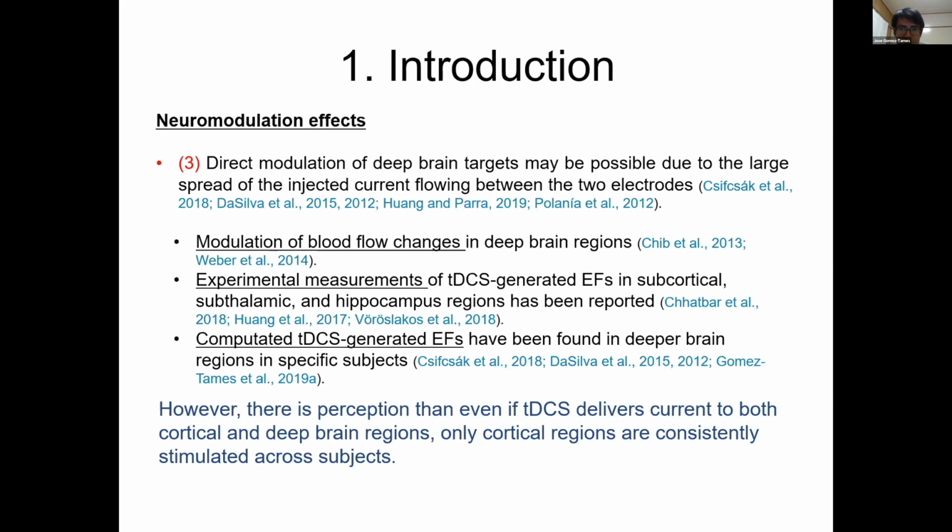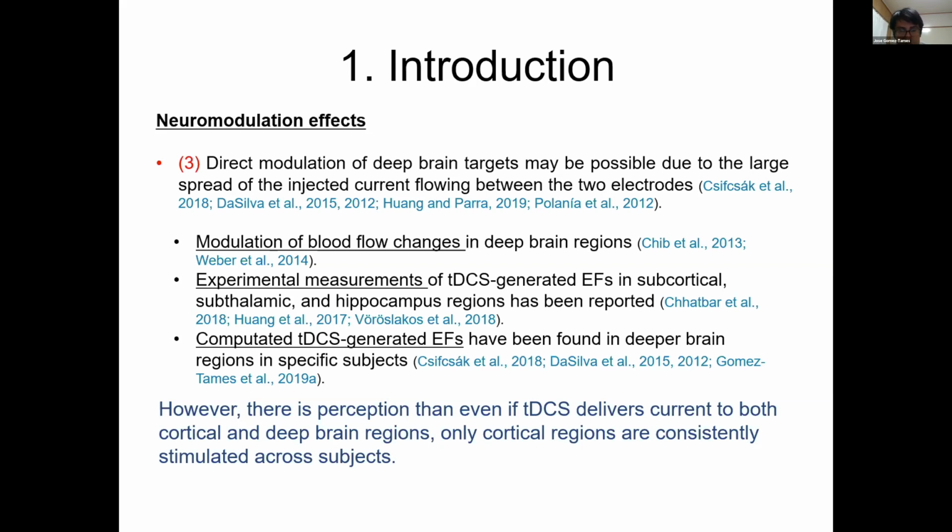However, the most consistent neuromodulation will be in cortical, superficial regions. And this is basically because when the current is injected into the brain, as I said before, we have good confidence that we will have high values near the electrode.